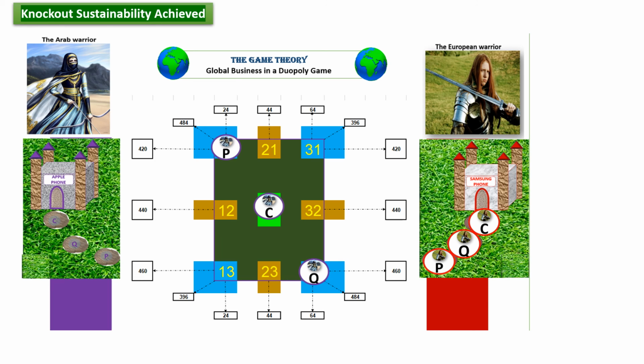So on our boards, a knockout sustainability is achieved when we have a win and we can draw a straight line through those pieces as we see here with Apple, and we have a win with a profit level of 484,000.